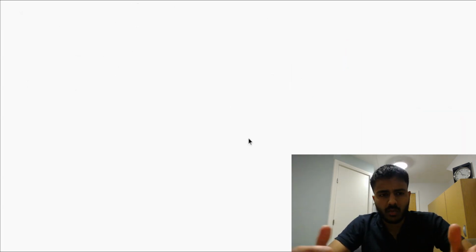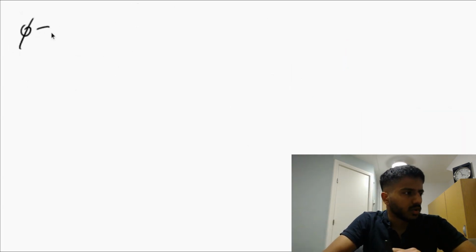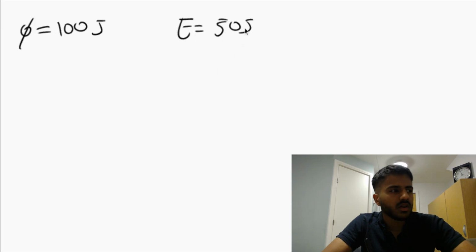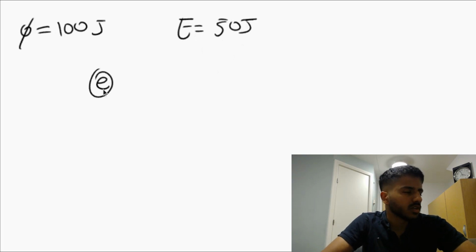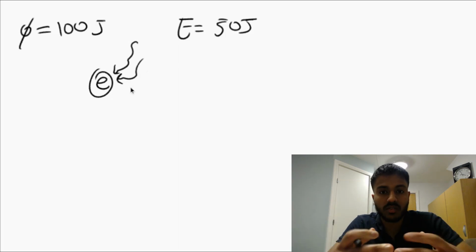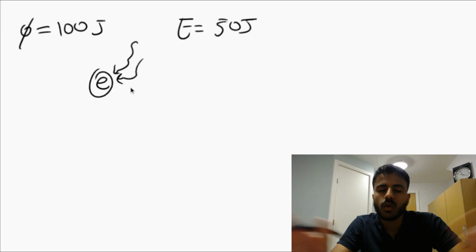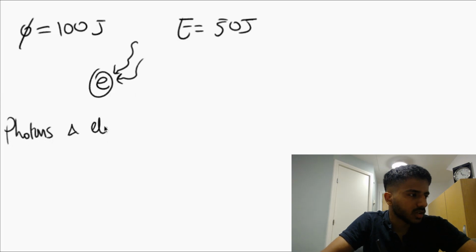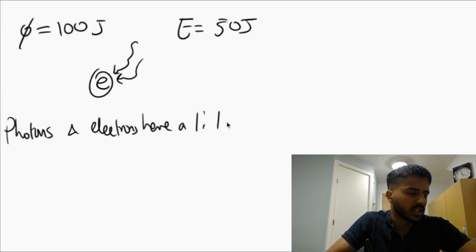Now you might be thinking, well, what if the work function of a metal was 100 joules, and I supplied 50 joules of photon energy? Why can't an electron just take two photons and absorb two photons, and then it will have 100 joules and then it can just get released? Well, it doesn't quite work like that. See, photons and electrons have a one-to-one relationship.